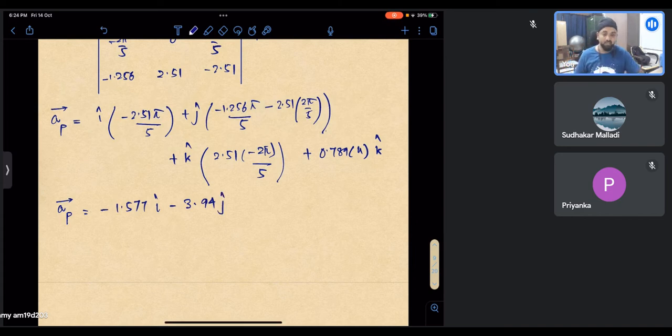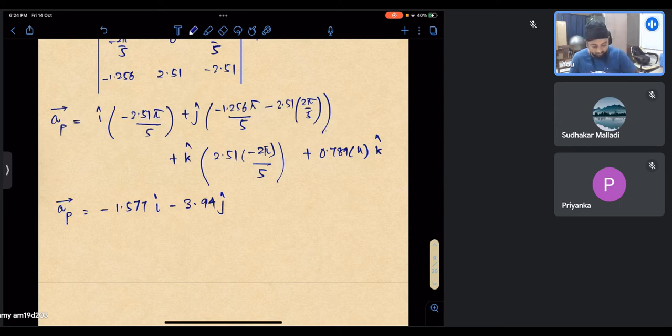And then K cap will be the sum of the two. So 2.51 into minus 2 pi by 5 plus 0.789 into 4. It comes out essentially nearly 0.001. Actually speaking, if you were to do the proper cross products with long decimals, it will come out to be 0.